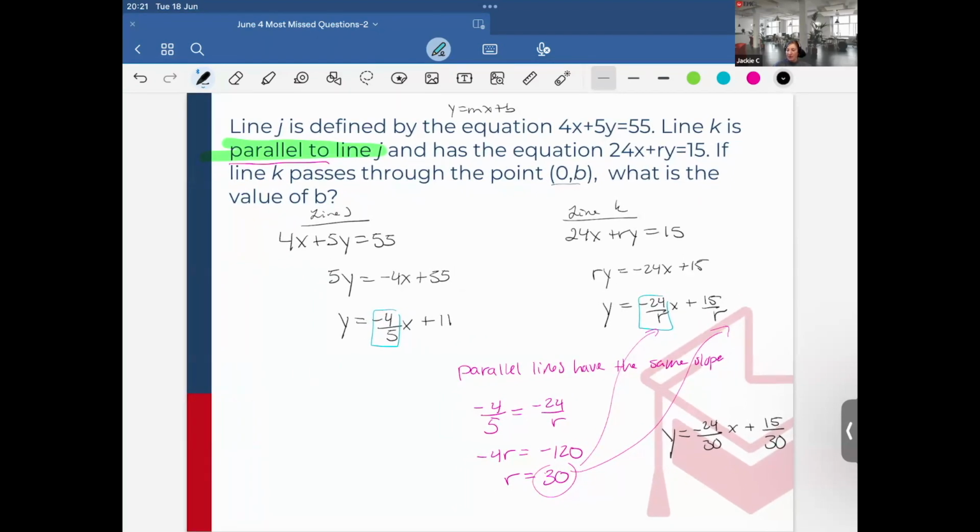But just to be safe, I want to use the point (0, b). I'm asked for b, so I can just substitute that in. We can see x will be multiplied by 0, and I'll be left with b, which is equal to 15 over 30, which reduces to 1/2 or 0.5. And that is the answer for that question.